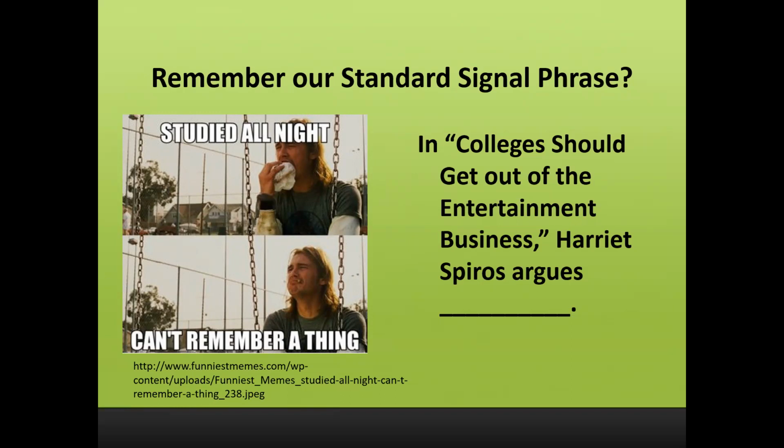You will highlight the author's main arguments, and in a few sentences, you will highlight what the author's main arguments are. In a few sentences, not in a lot of sentences. And then you will write your thesis statement in the same paragraph, at the end of that introductory paragraph.